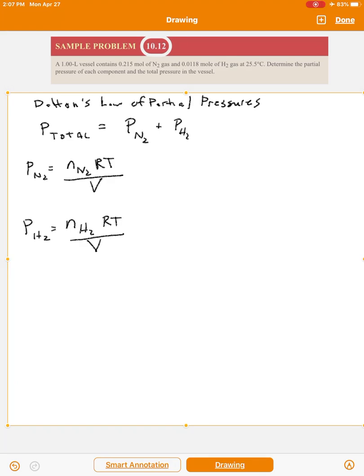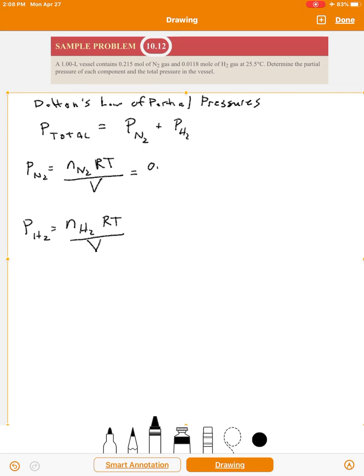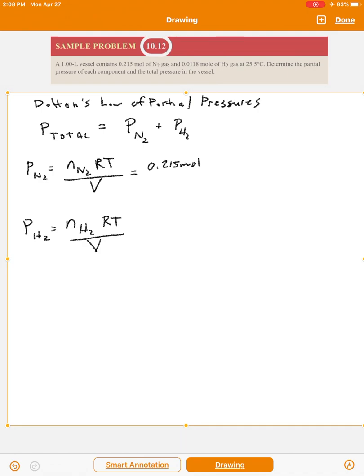So let's do nitrogen first. Nitrogen is 0.215 moles. It's R, right? So that's 0.08206.